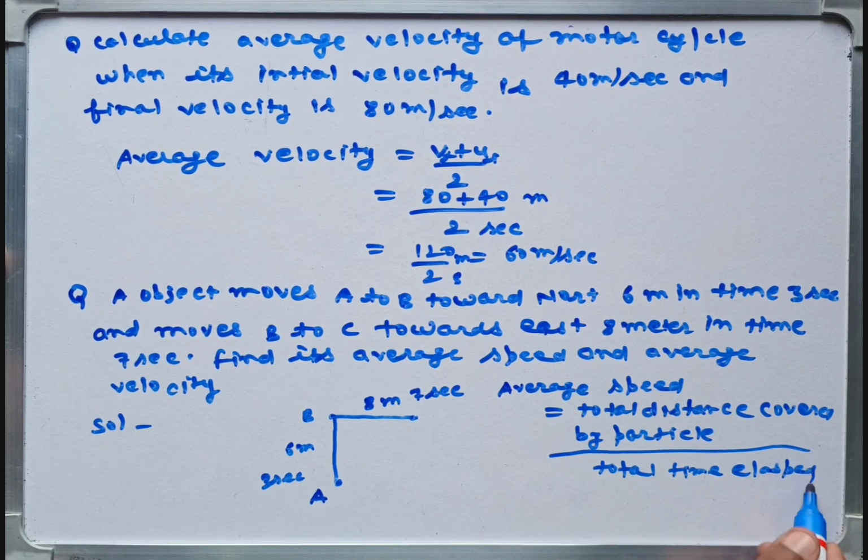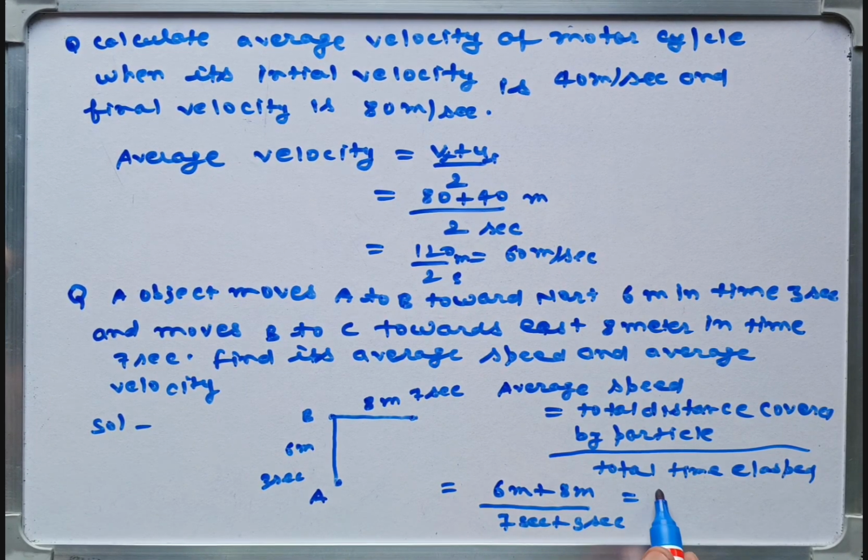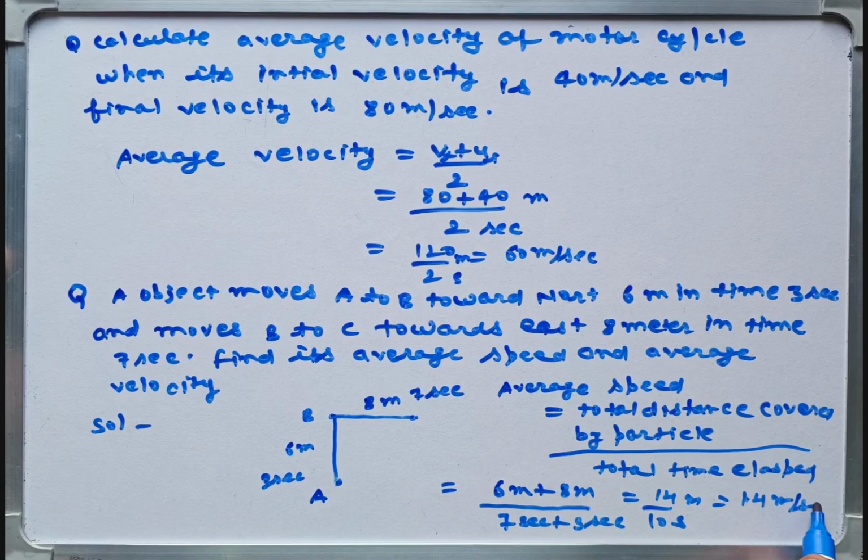So total distance first is 6 meter, then again 8 meter, and the time elapsed 7 second plus 3 second. So you can write 14 meter by 10 second, this is 1.4 meter per second.